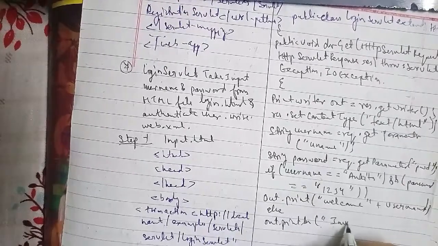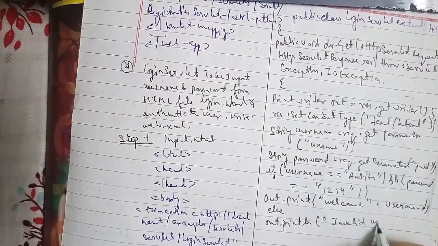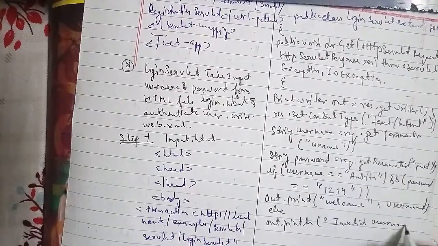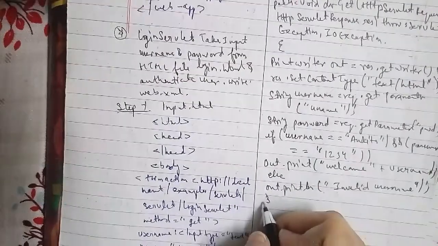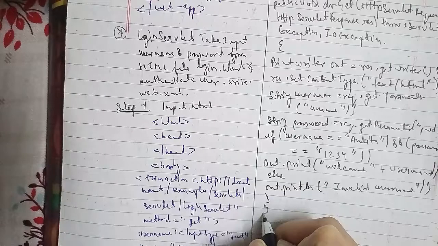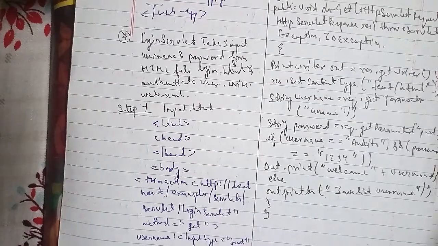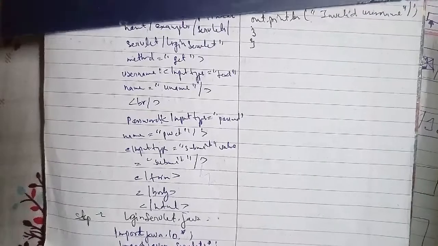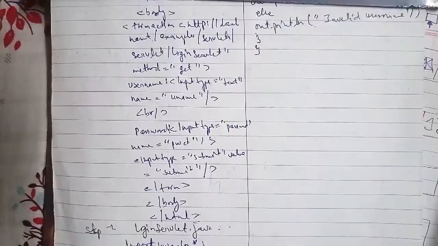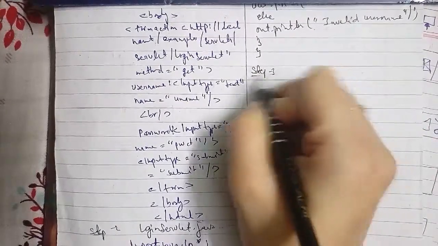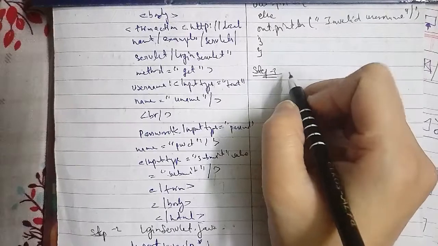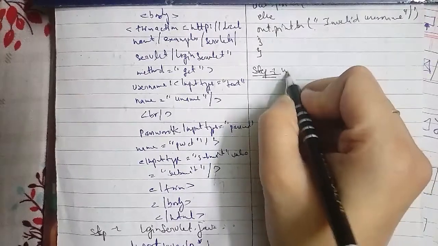Now we'll go ahead with the step 3 here, and for that we have to write the web.xml file as follows. So in that case, that is XML version equals to 1.0, encoding equals to ISO 8859-1. Then we have an extension here.